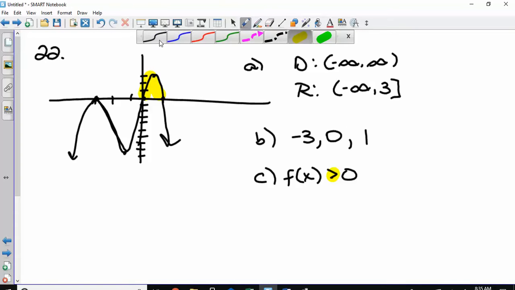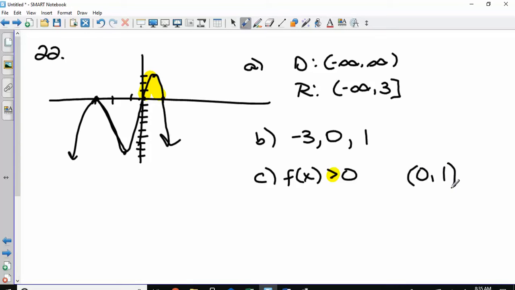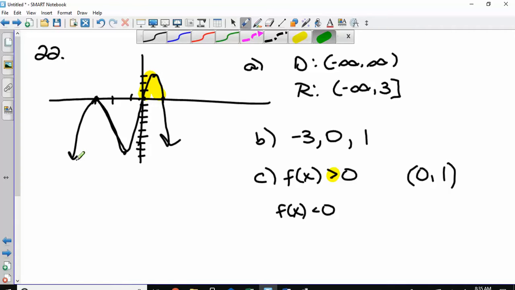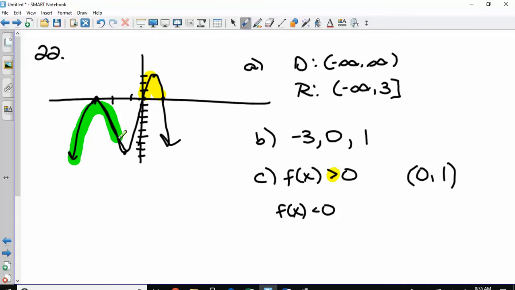We always answer with an interval for the x's, so that's starting when x is 0 and ending when x is 1. Parentheses or bracket? Parentheses, because I didn't have equal to. If I had said where is f of x less than 0, where would that have been? It would be from negative infinity to 0 and from 1 to infinity.